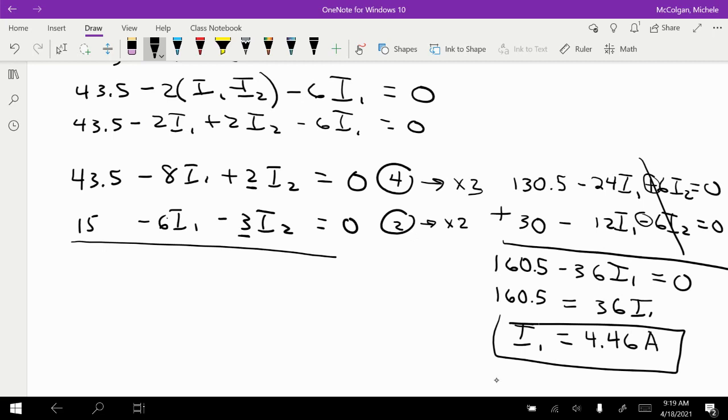I'm going to add 3I2 to both sides. So I'm going to have 3I2 is equal to 15 minus 6I1. So I'm going to plug in, so that's going to be equal to 15 minus 6 times 4.46 amps.